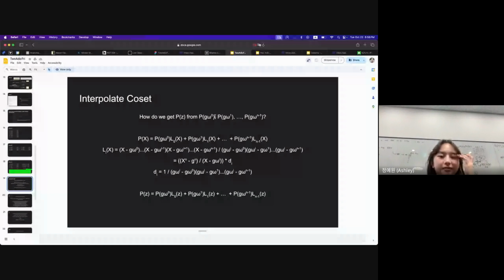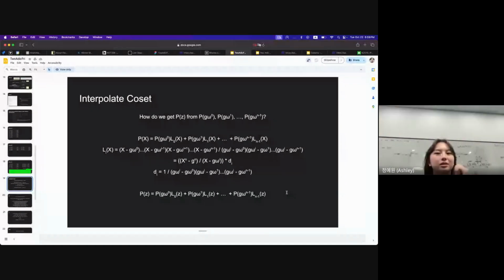This portion is how, from these values, the prover gets these. Through interpolation and Lagrange polynomials, we can get the evaluations and turn them into the value on another challenge that we get, which is done here.